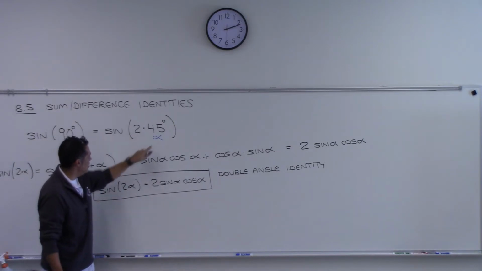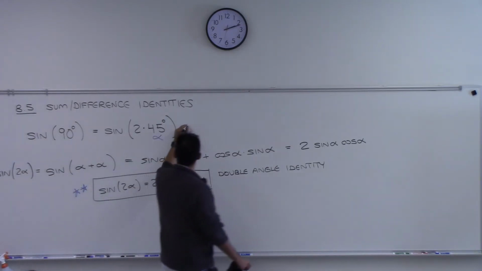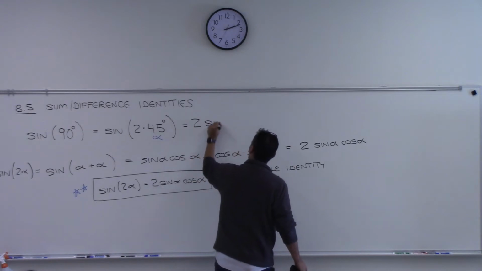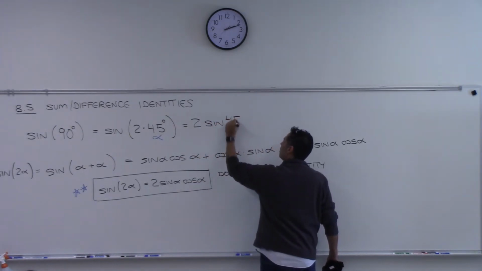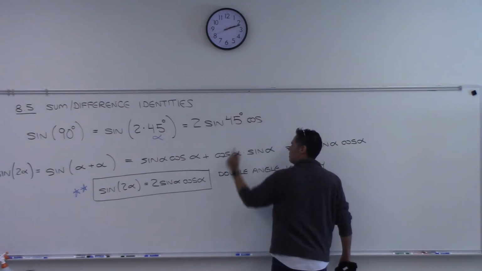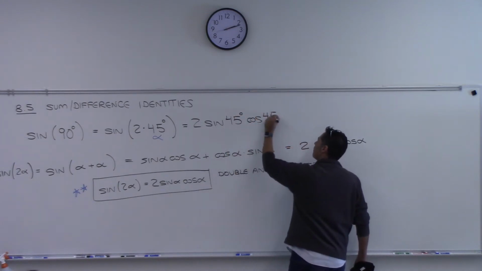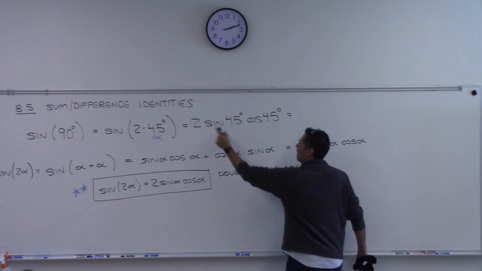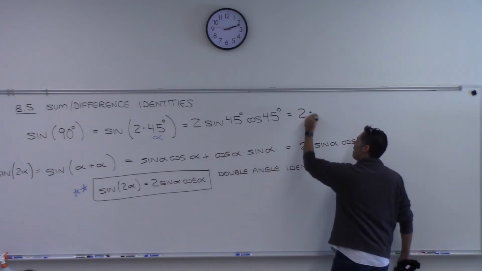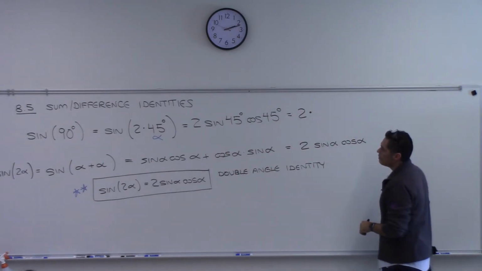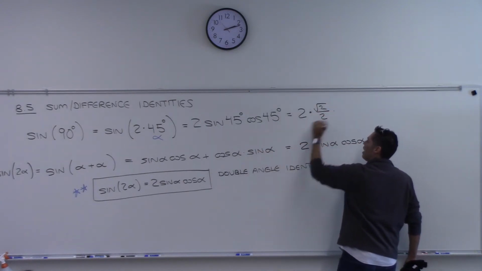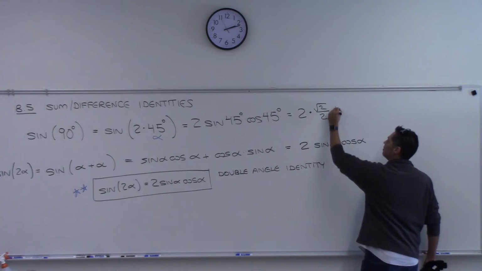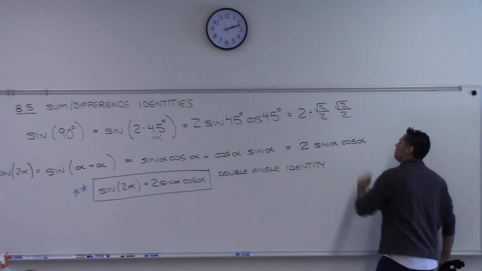According to this formula, it should be 2 sine of 45, and then cosine of 45 again. Okay, that's 2. What's sine of 45 degrees? Root 2 over 2, and then times cosine of 45 degrees. Root 2 over 2 again.